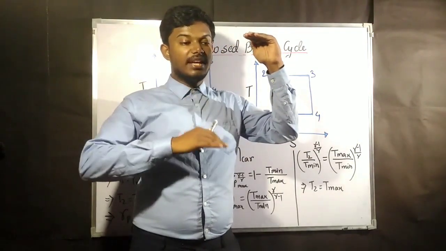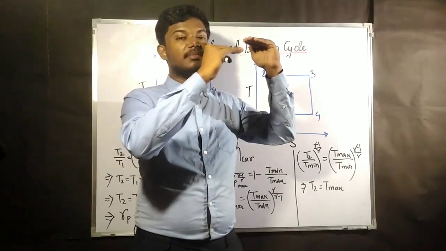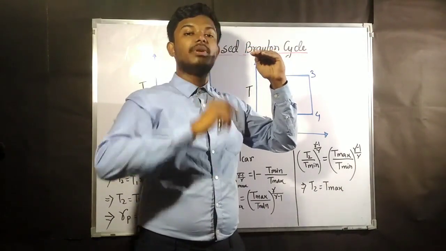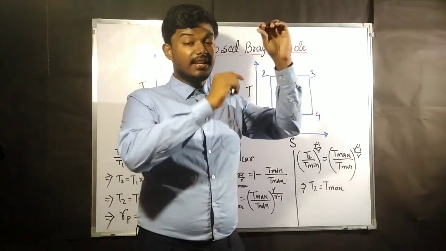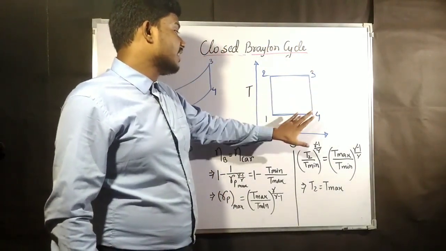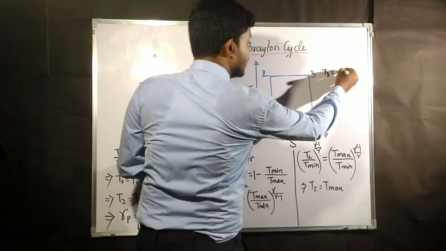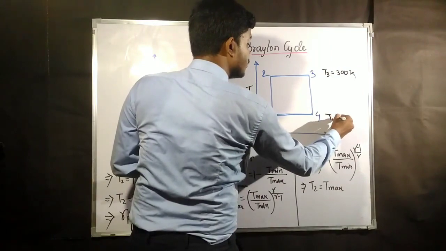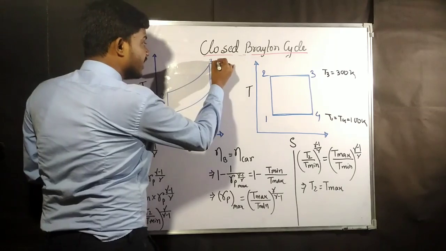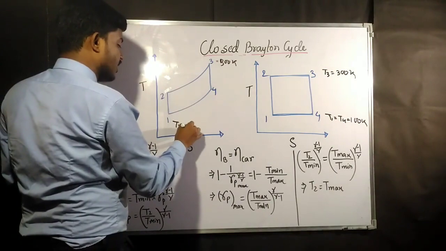Any engine will have efficiency values less than the Carnot cycle, or at maximum it can be equal to the Carnot cycle. It can never go beyond the Carnot cycle efficiency, provided that the temperature limit is given. Here the temperature limits are T3 and T4. If T3 is 300 Kelvin and T1 equals T4 equals 100 Kelvin, then you should remember that here T3 must be 300 Kelvin and T1 must be 100 Kelvin.